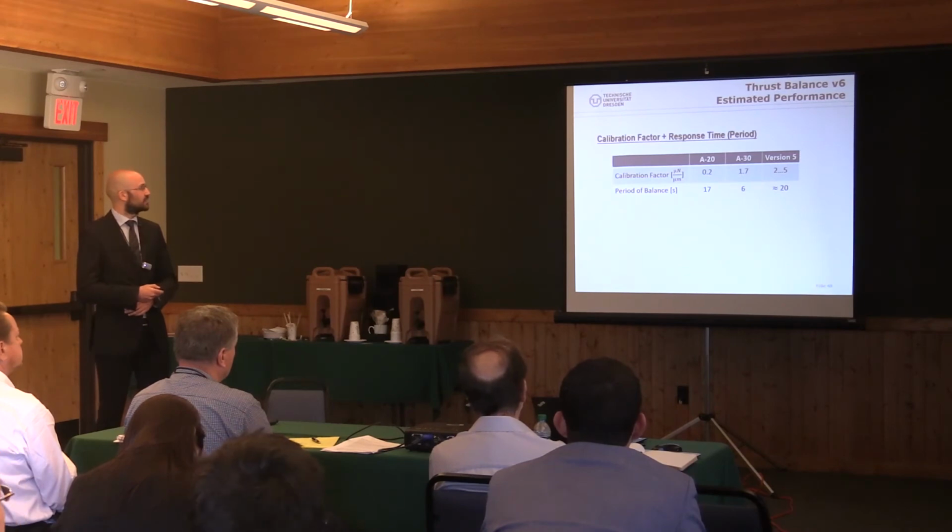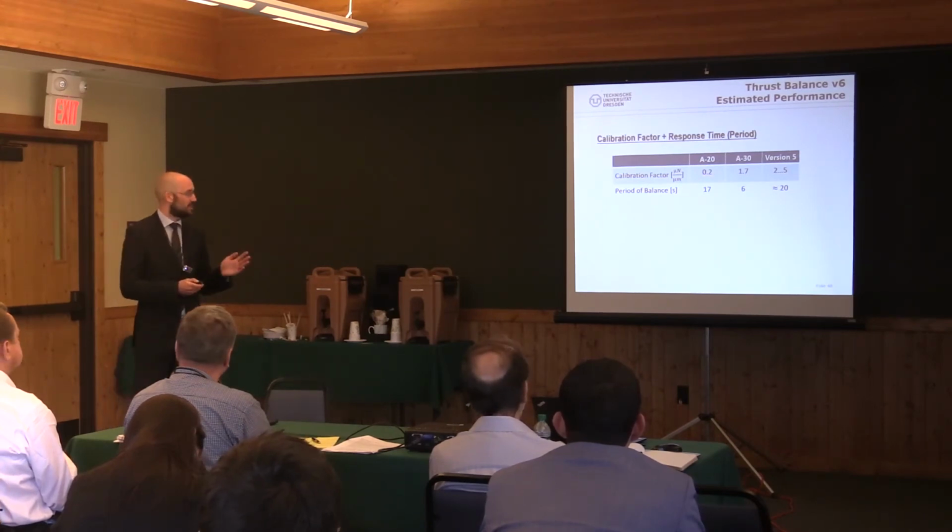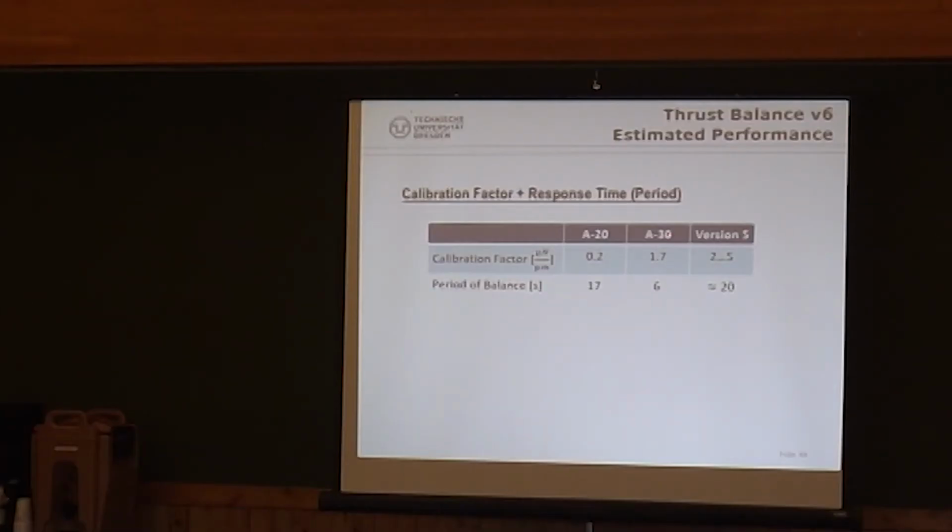So what I did was I tried to estimate the calibration factor for this. So for the A20 we get 0.2, so it would be a factor of 10 better than the current spring. And with the A30 we get basically the same as the current balance.